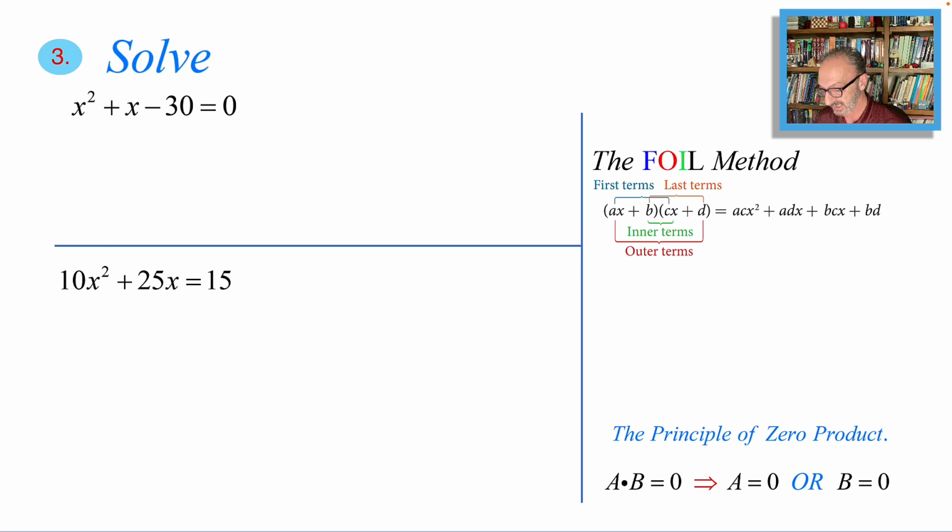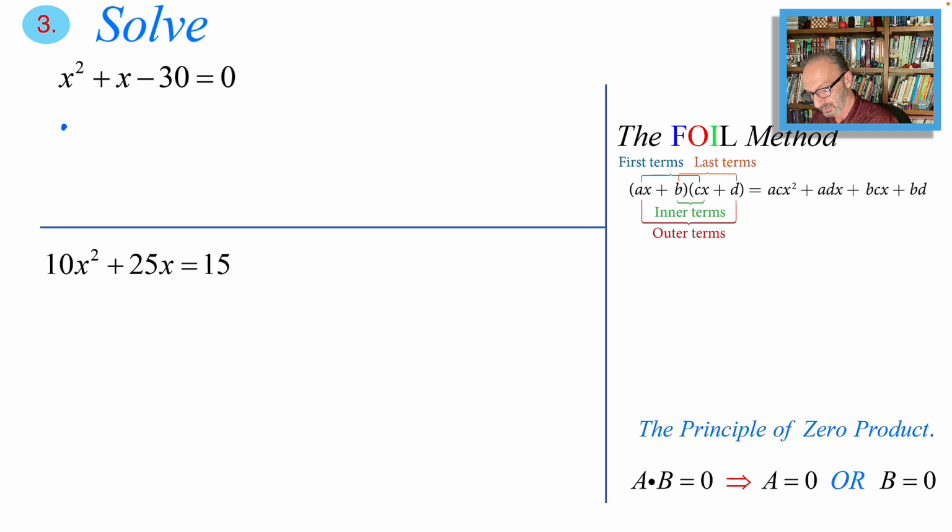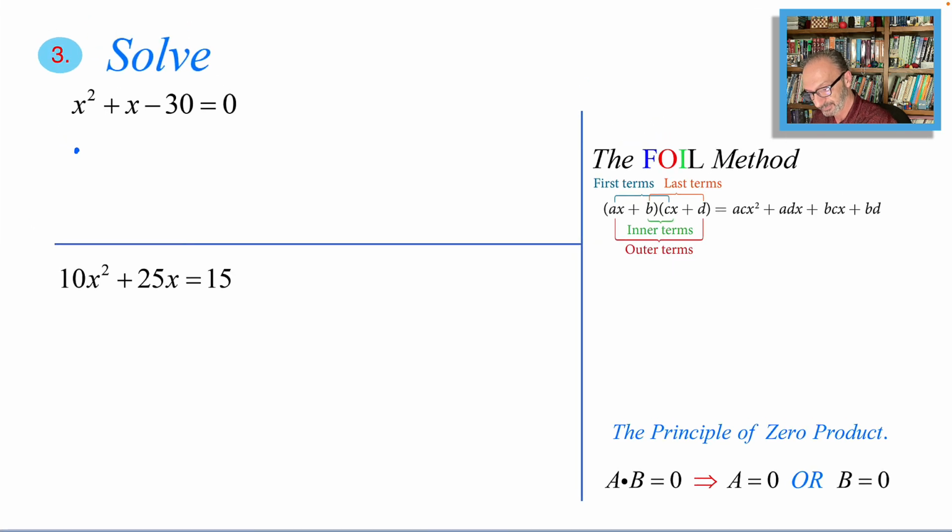x to the second plus x minus 30 equals 0. We could factor it now, and because I have three terms, I'm going to go with two sets of parentheses. Let's undo this. Equals 0. Now we have x times x, and we have 30.